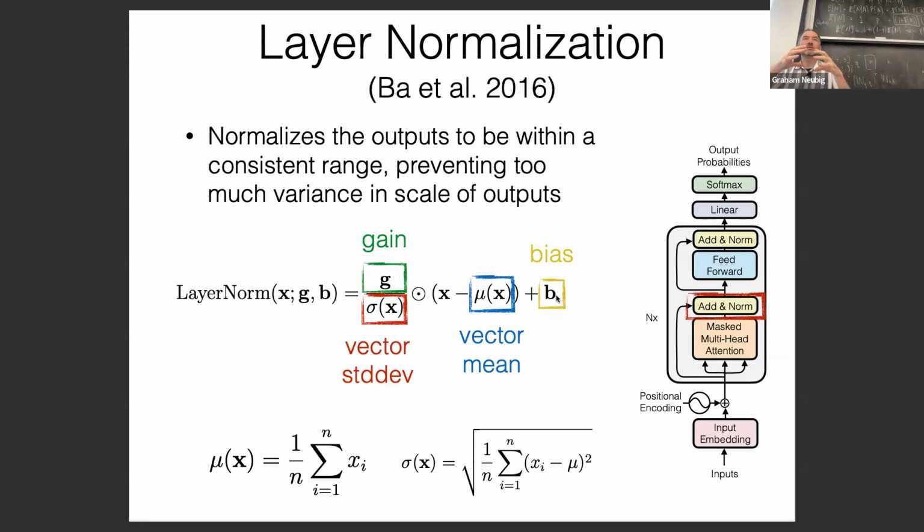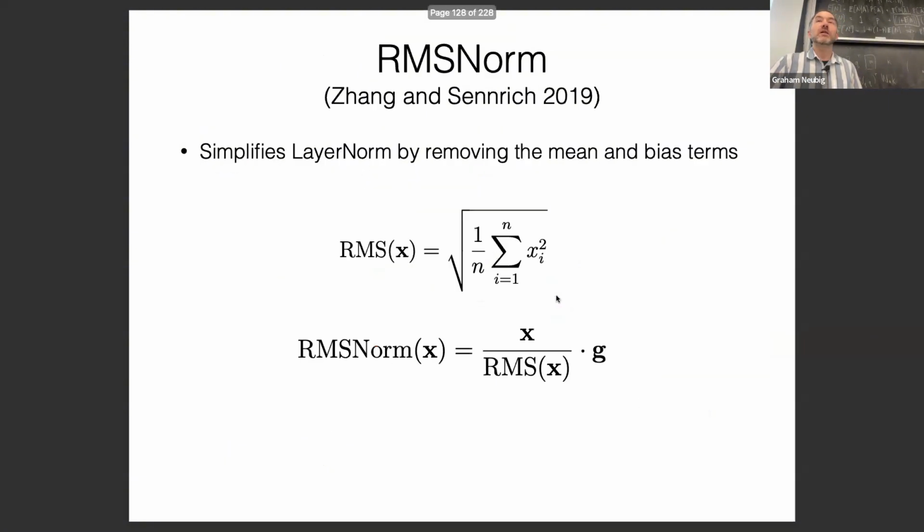Sorry, zero mean and unit variance, not standard deviation. And then we readjust the mean and the variance. So that's what layer norm does, and it allows us to control the scale of the vectors that we get.